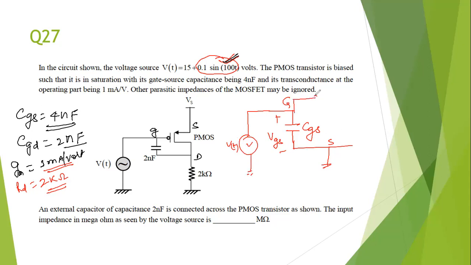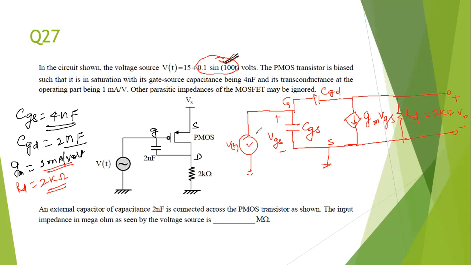Now this is your CGD, and this is gm into VGS. Now this is RD, 2 kilo ohm, and this is plus minus V naught.